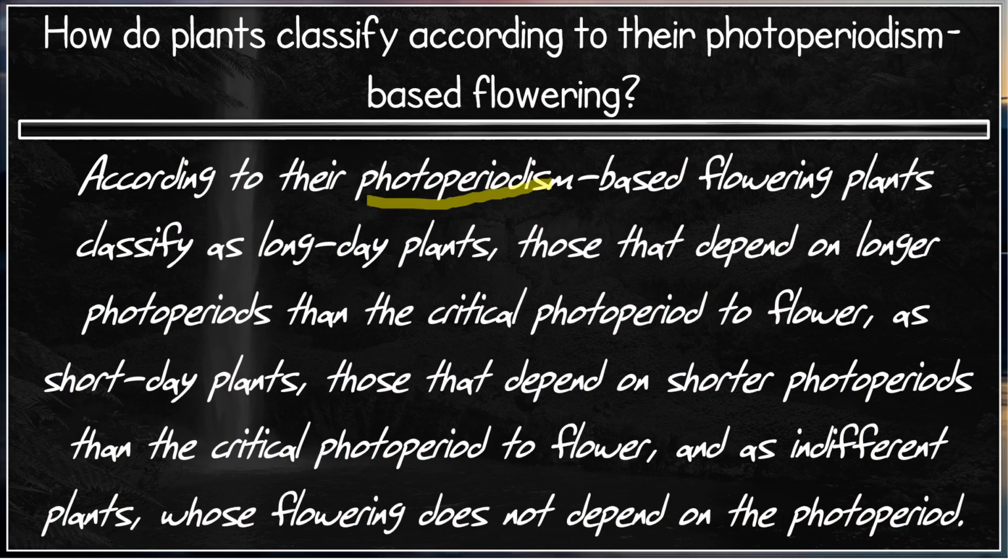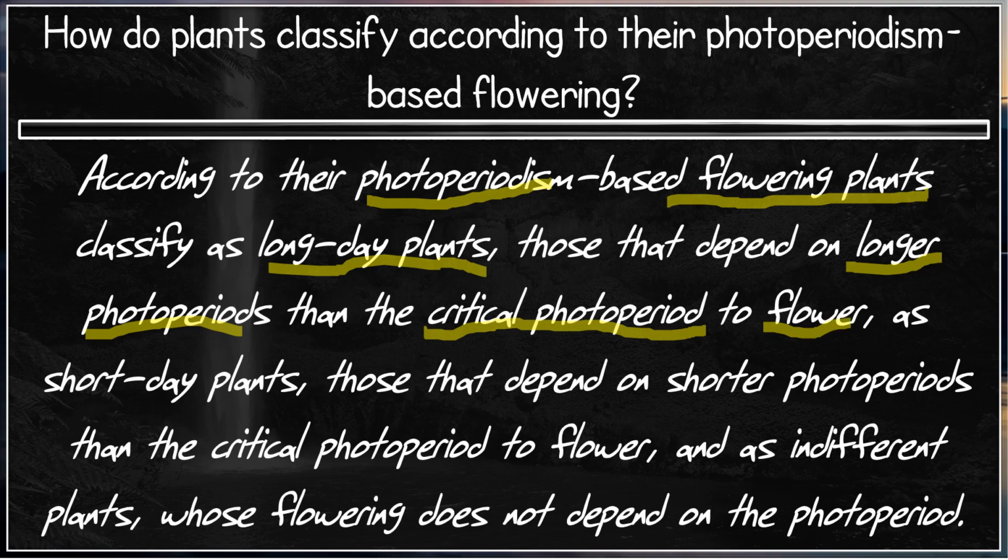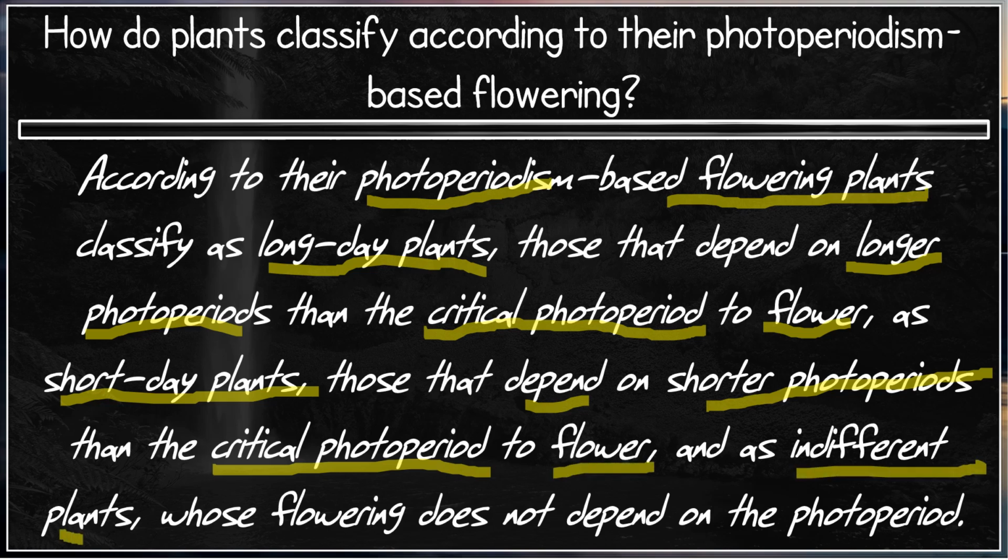According to their photoperiodism, flowering plants classify as long day plants, those that depend on longer photoperiods than the critical period to flower, as short day plants, those that depend on shorter photoperiods than the critical period to flower, and as indifferent plants, whose flowering does not depend on the photoperiod.